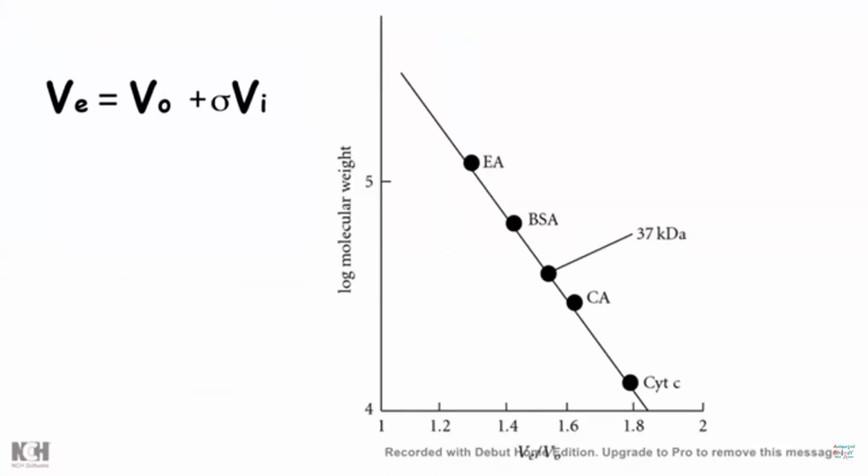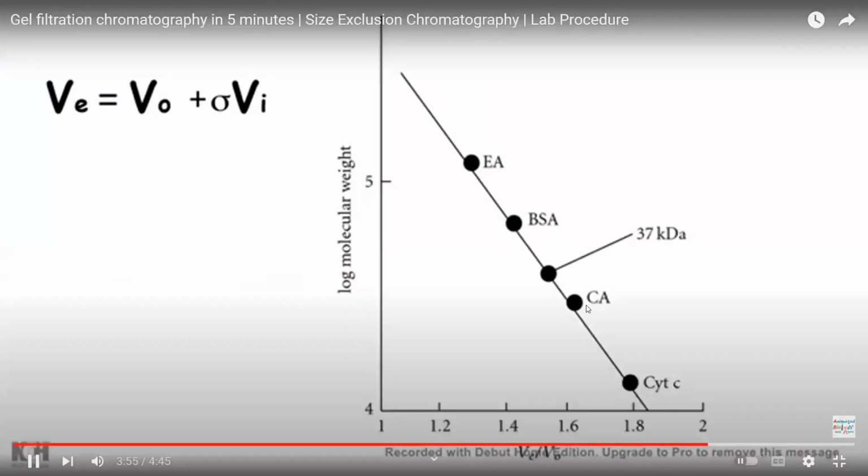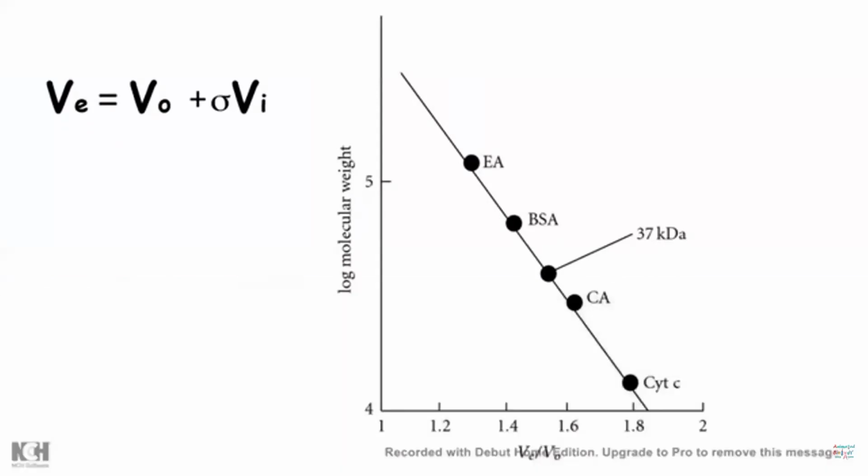Now, void volume and the internal volume are related to the elution volume by this equation. The relative elution volume, which is VE by void volume, is a function of the log of the molecular weight of a particular protein. So by plotting a graph between them, we can extrapolate the molecular weight of our protein of interest.